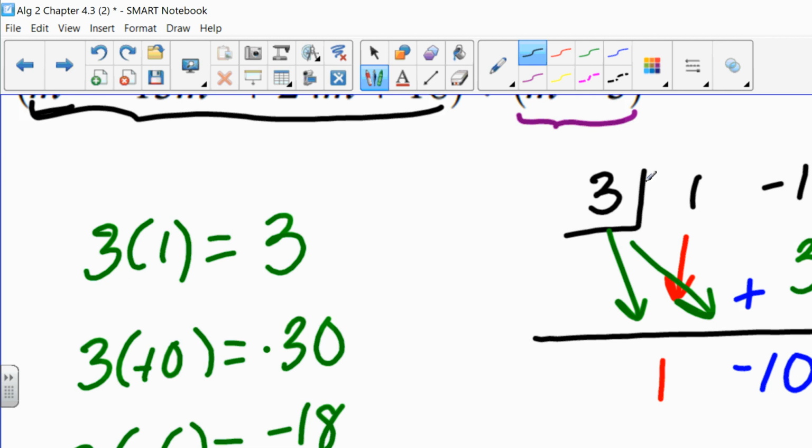I always box the last number. The last number is the remainder.